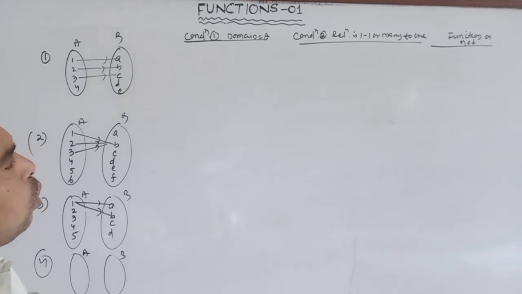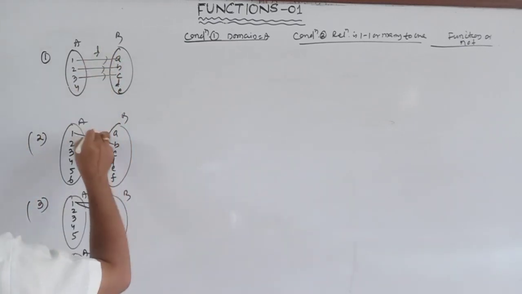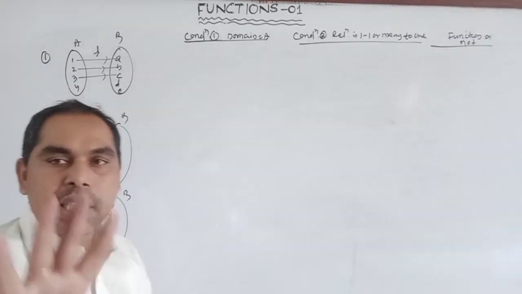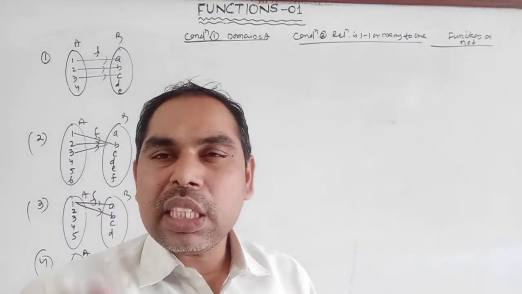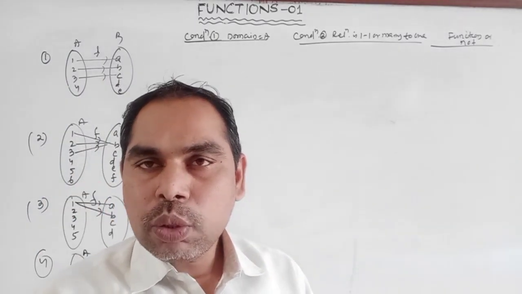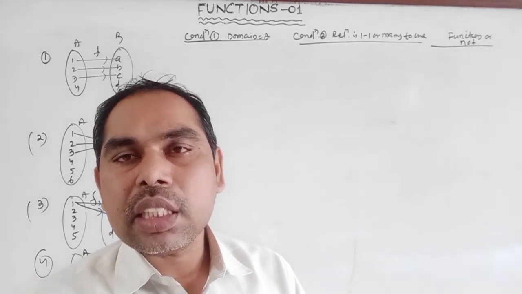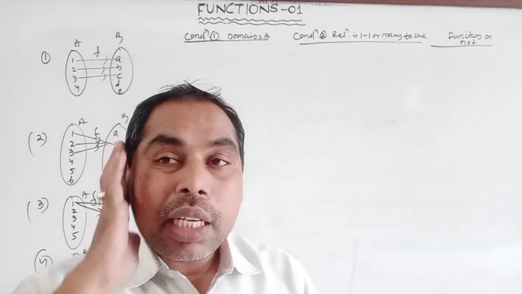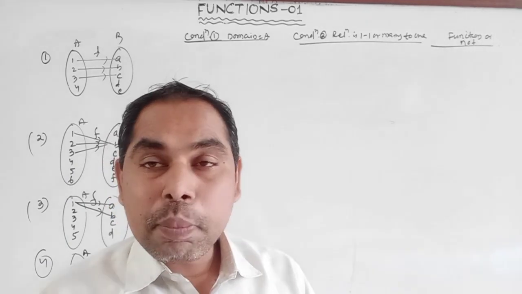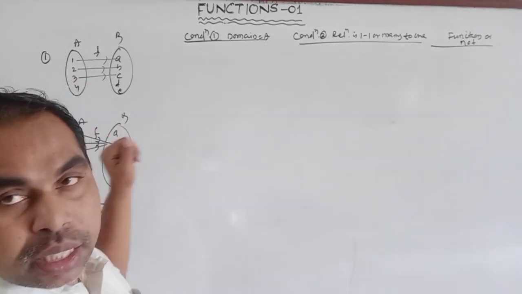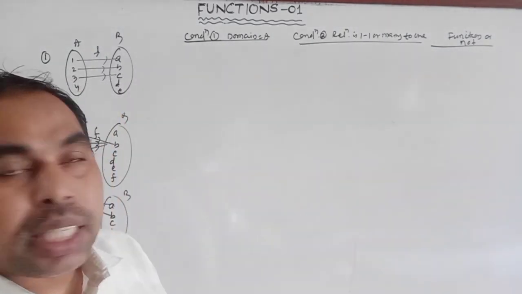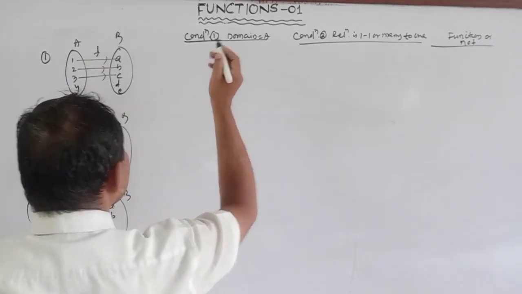Condition 1: the domain of f is equal to A. A contains 1, 2, 3, 4, four elements, but out of 4 elements only 3 are related to elements of set B. So it is not a function because condition 1 is not satisfied. Domain means every element is related to elements of set B, but one is not related, so the domain is a subset of set A.